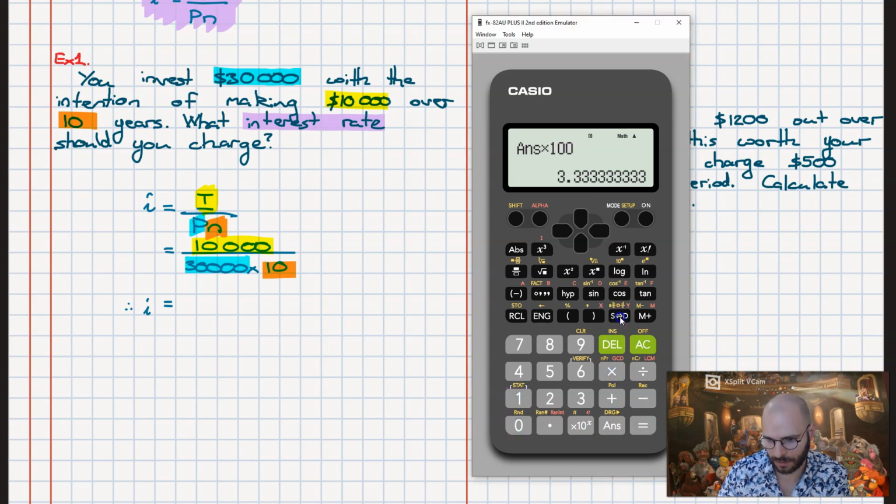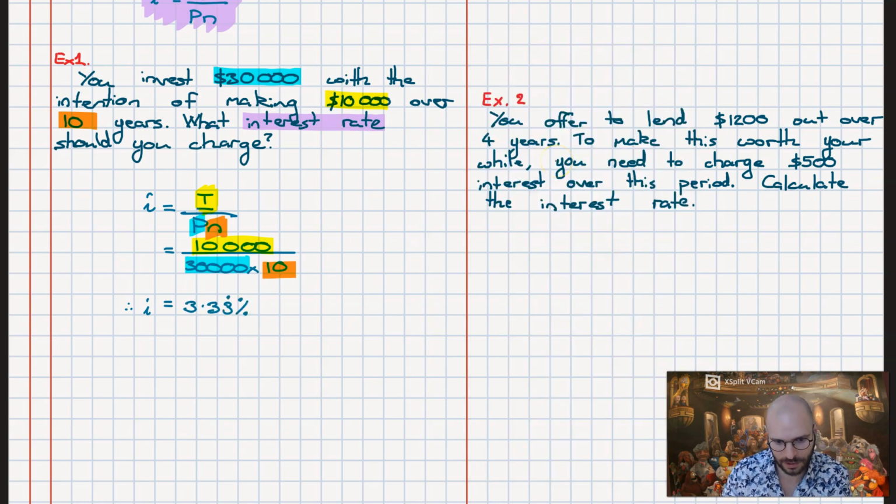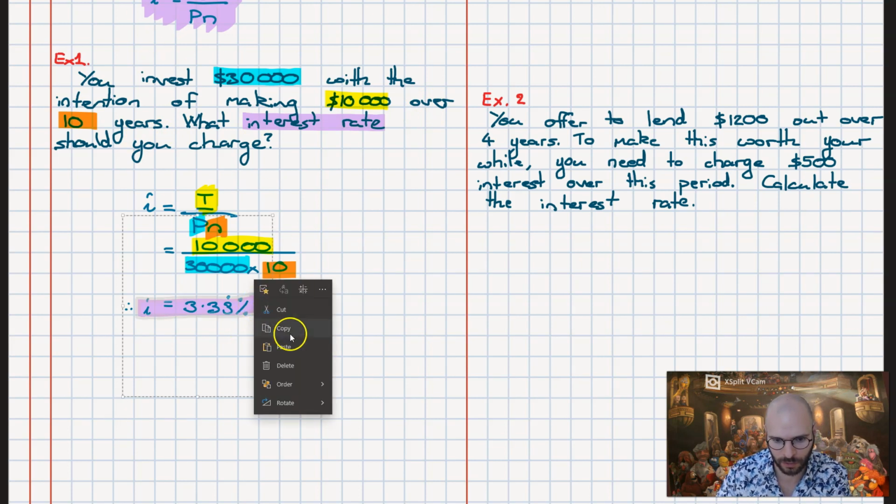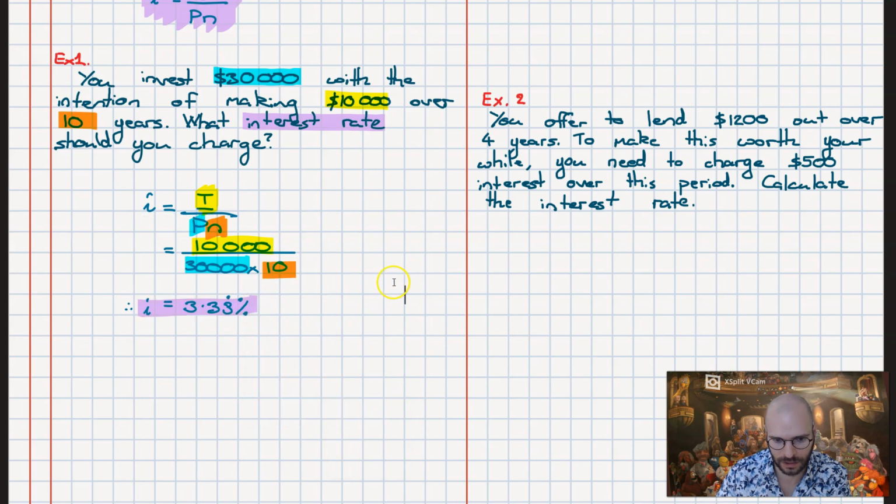I press the SD button again and it will give me an interest rate of 3.33%. So this is the interest rate that I'd have to charge to be able to get a $10,000 interest over 10 years, so $10,000 profit. So nothing too difficult with this sort of question. Simply get the values from the question and plug them into the formula.